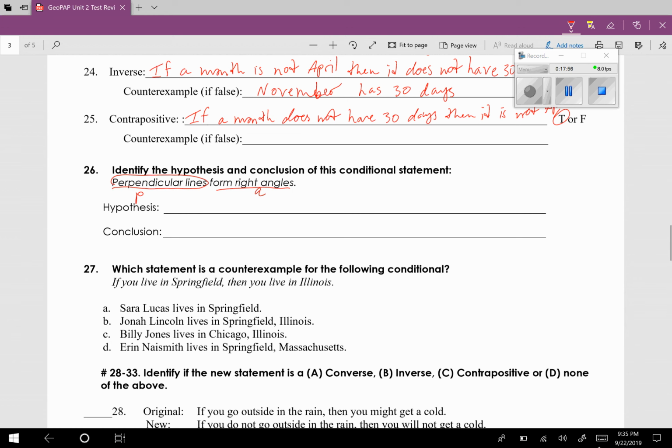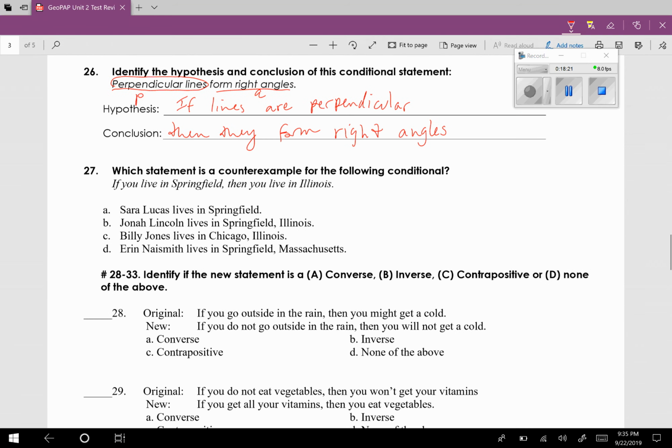I'm going to say if two lines are perpendicular, then they form right angles. There you go.